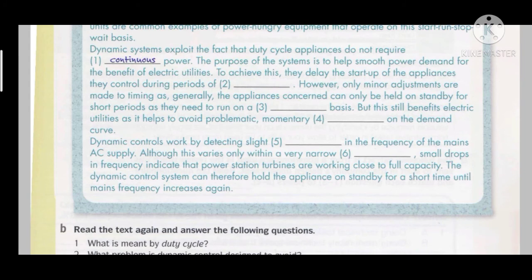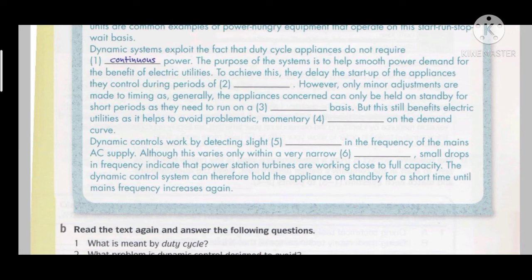Dynamic controls work by detecting slight blank in the frequency of the mains AC supply. Dynamic controls work by detecting slight fluctuations. These controls work by seeing where the fluctuations and the differences in readings are, in the frequency of the mains AC supply.